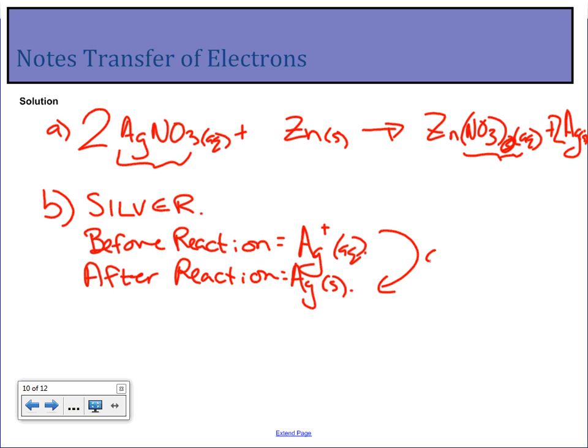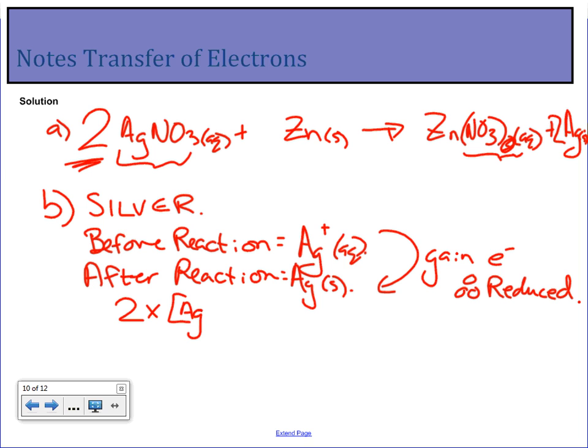So to go from here to here, it must gain an electron. Okay, so therefore, it has been reduced. Okay, and we show that by saying 2, because we've got our 2 up here. 2 times, I've got the silver ion, because I've got a charge of positive 1, I just need 1 electron, and that is going to produce the silver metal.